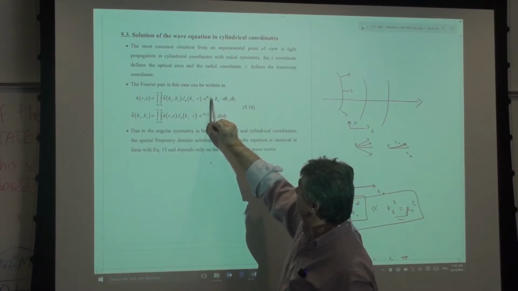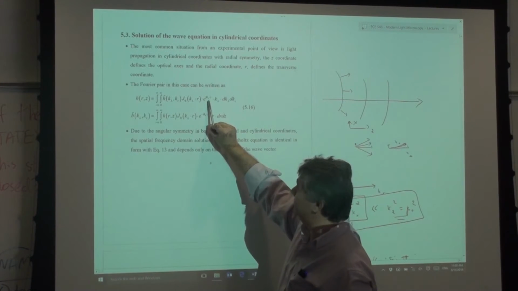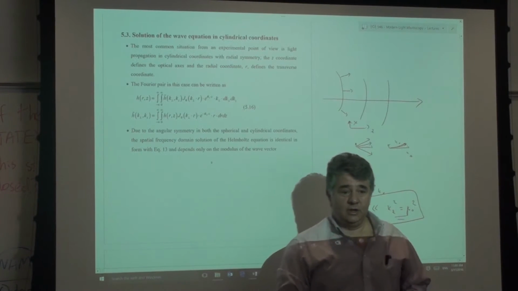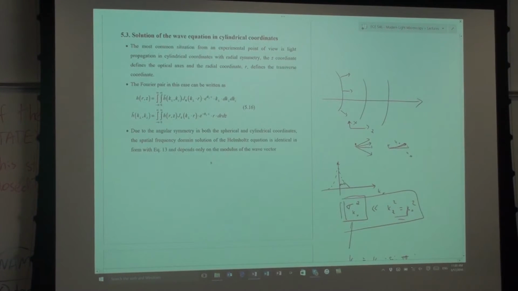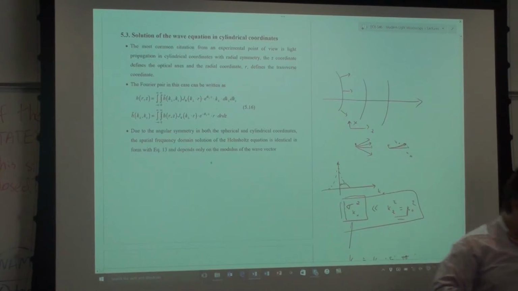Along z, you still have the z coordinate. This is the Cartesian Fourier transform, so it's a one-dimensional regular Fourier transform, if you like. But in the xy, you get the J naught, the way we use it for the diffraction on a disk, for example, right? So that's how we put it in cylindrical coordinates.